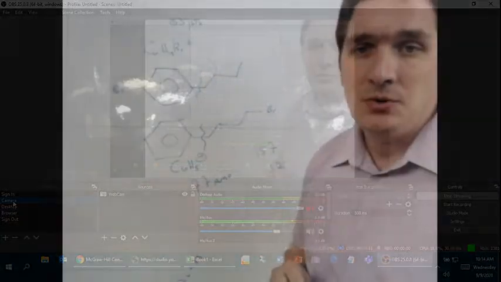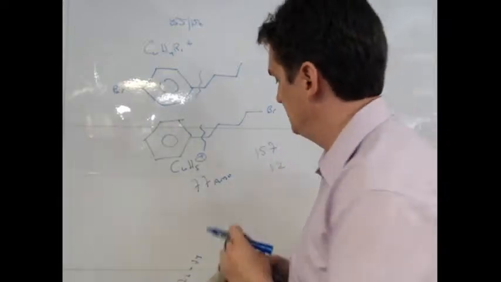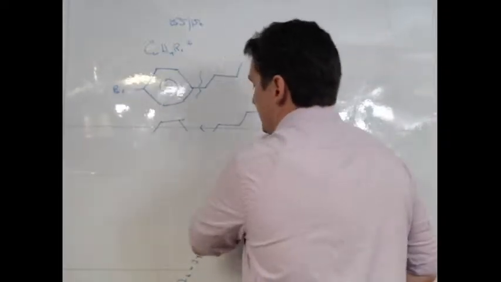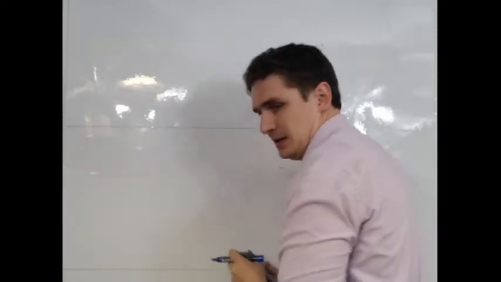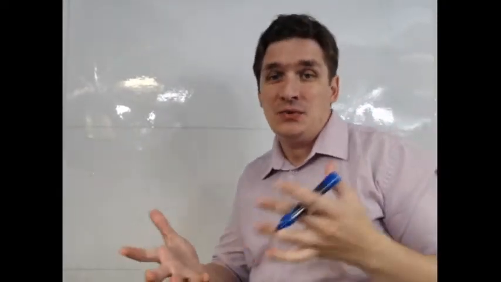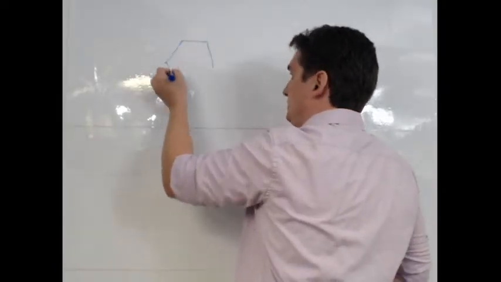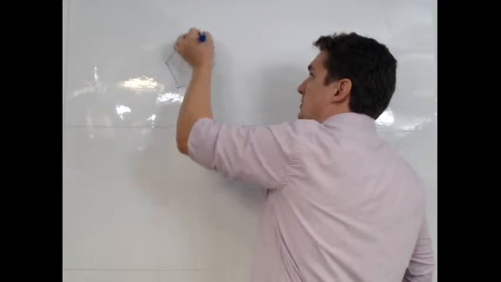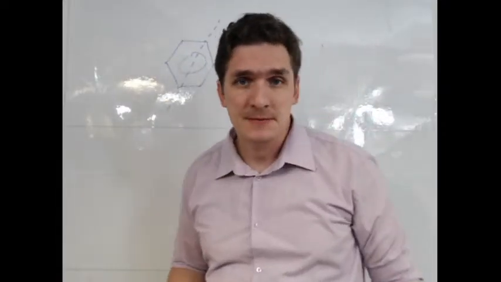So let me flip it back to the board. If we've only got 4 peaks, it means that we've got at least 2 pairs that look exactly the same. So the only way to get this feature where you only have 4 peaks is that when we draw the molecule, we need a symmetry plane running through 2 of the carbons.